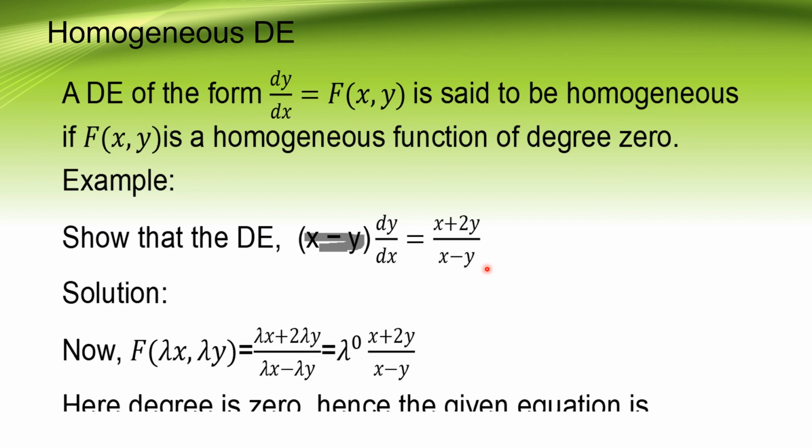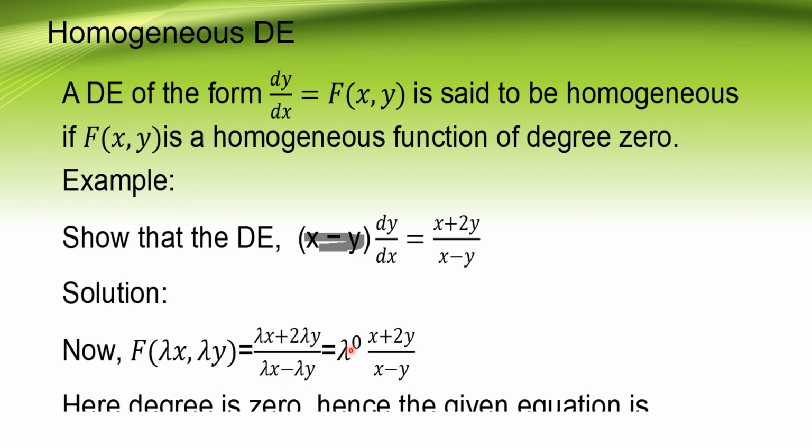To find the degree of the given function, you have to replace x as lambda x and y as lambda y. So I'm applying x as lambda x and y as lambda y in the given problem. On the right side we get lambda x plus 2 lambda y by lambda x minus 2 lambda y.